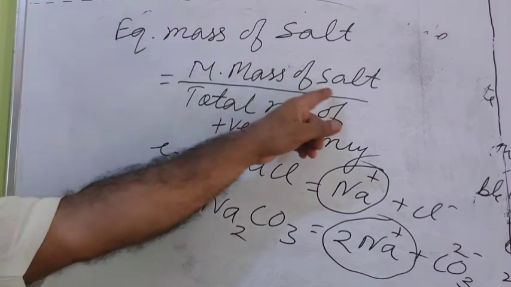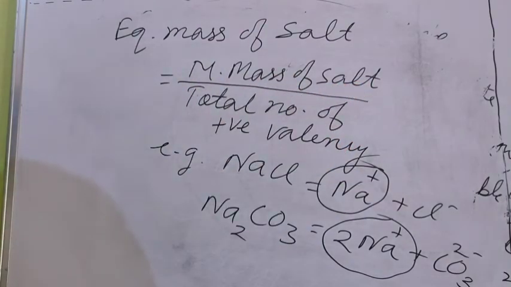So here, molecular mass of salt. Some books use formula mass, but there is no major difference between formula mass and molecular mass. Formula mass is especially used for crystalline salts, which are found in the form of cation and anion, and molecular mass can be used for covalent compounds.